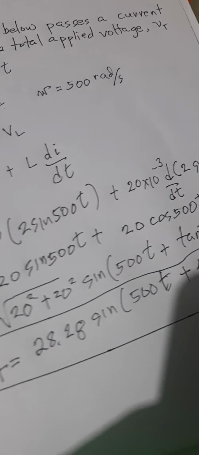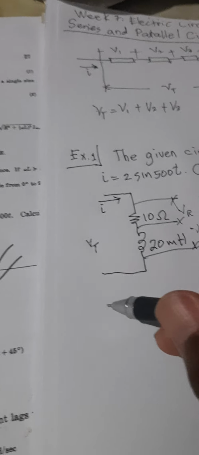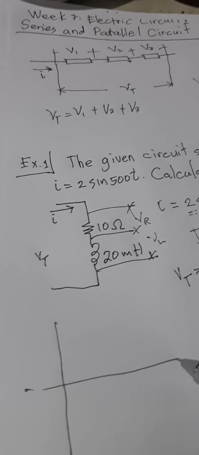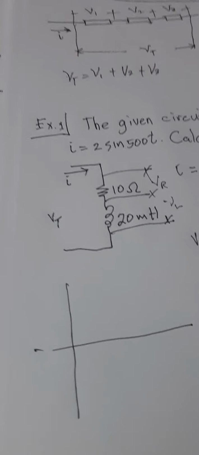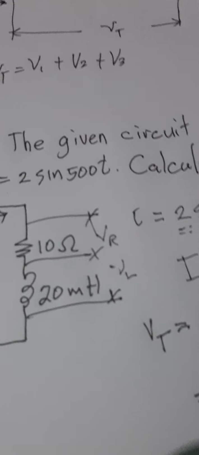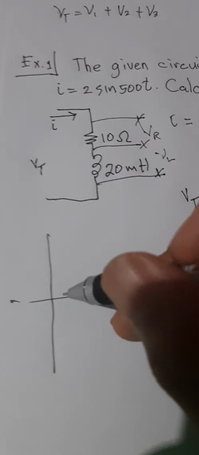Okay, ano yan? Then, pag ipa-plot natin yung waveform nila para makita natin yung maging characteristic ng circuit consisting of resistance and inductance in series. Okay, yung current, ito yun.